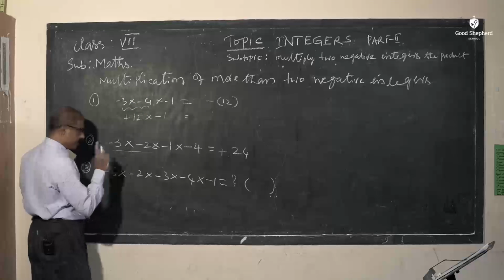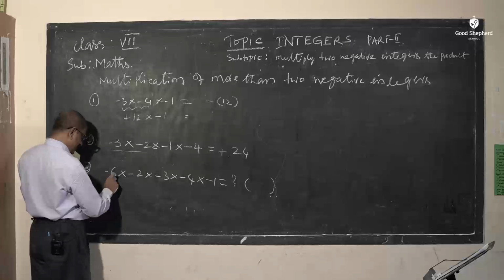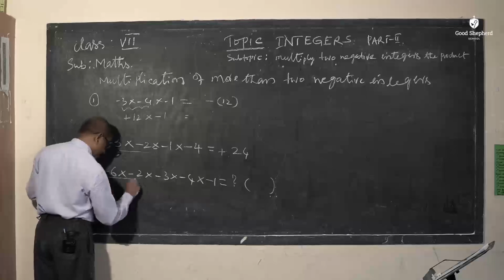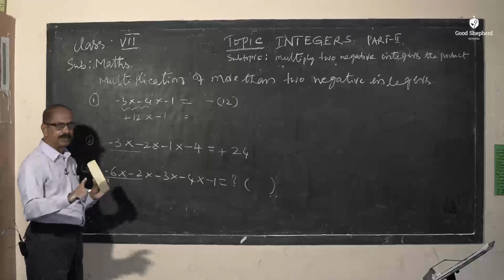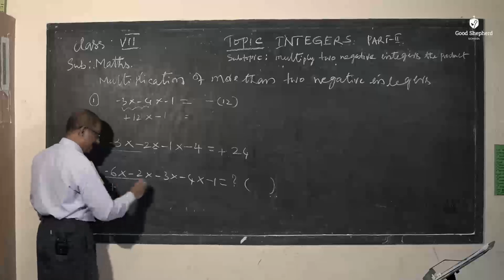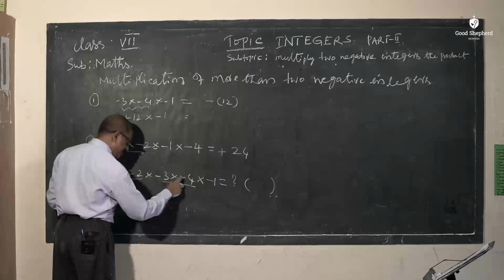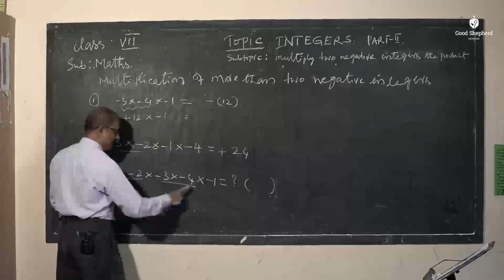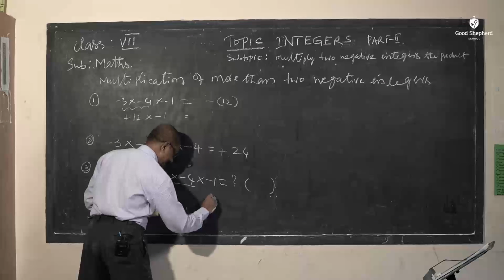There are always more than 2 negative integers. Right. First, we will multiply the numbers. First we write the sign: minus into minus, the product of two negative numbers is a positive number. I'll put a positive. Next, the product of these two numbers, both negative, becomes a positive number. And this is as usual a negative number.